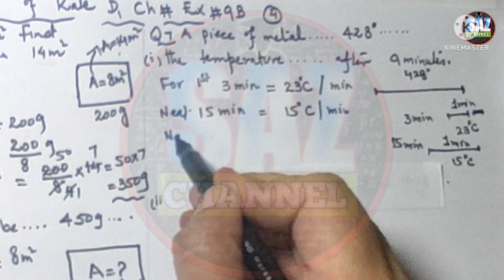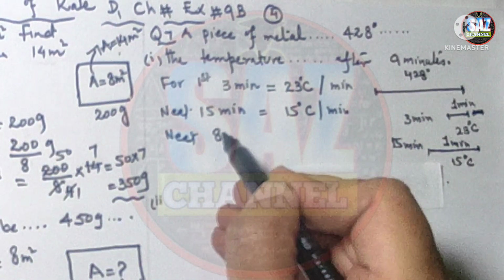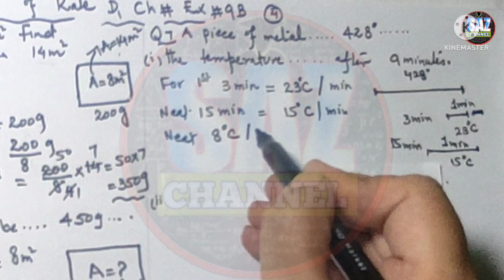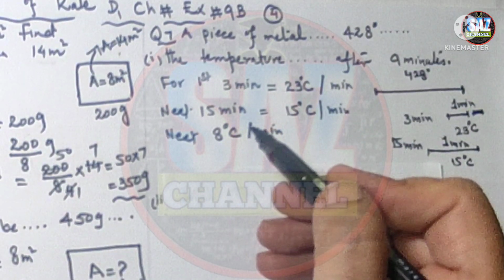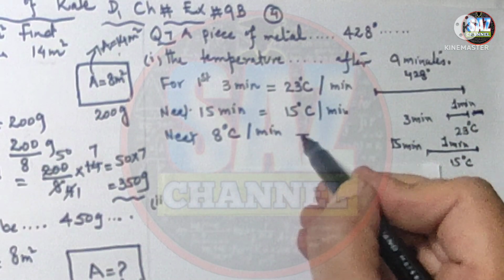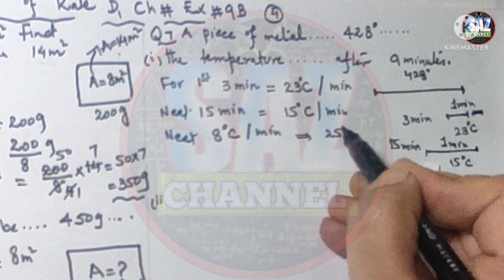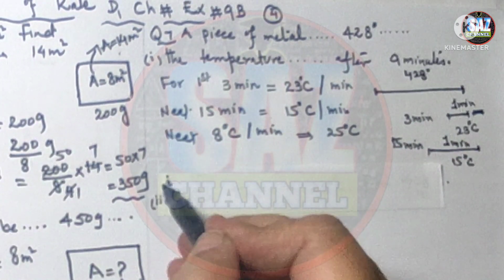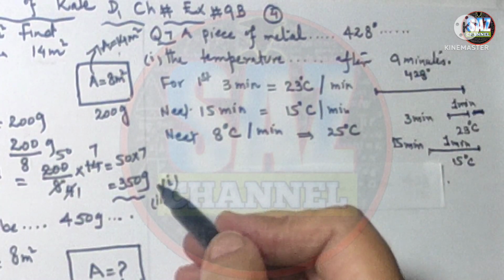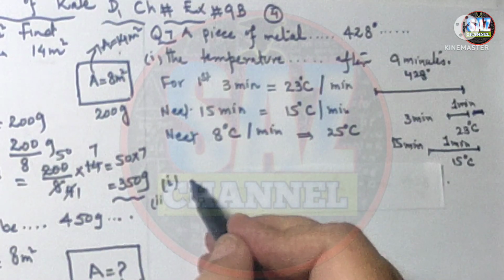And the first requirement of the question is until it reaches what? 25 degrees centigrade, which is the room temperature. The first requirement of the question is that we have to find the temperature of the metal after 9 minutes.